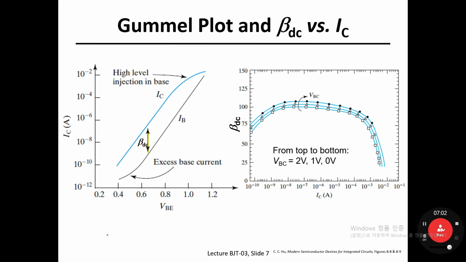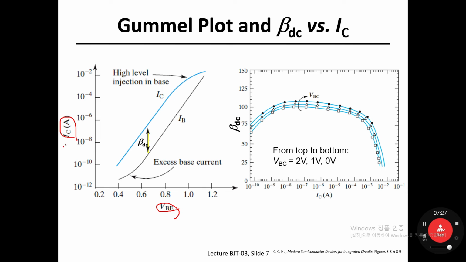All right, now let's switch gears and take a look at the Gummel plot, which is very widely used in evaluating BJT device performance. So what is the Gummel plot? Take a look at the left-hand side and right-hand side. You're now looking at Gummel plots. So I sub C, the output current of the PNP BJT, and V sub B is the input voltage.